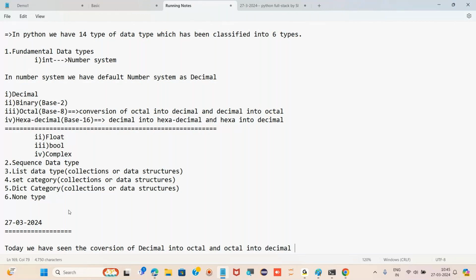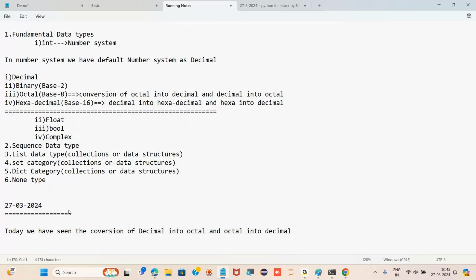Similarly, we have also seen decimal into hexadecimal and hexadecimal into decimal.